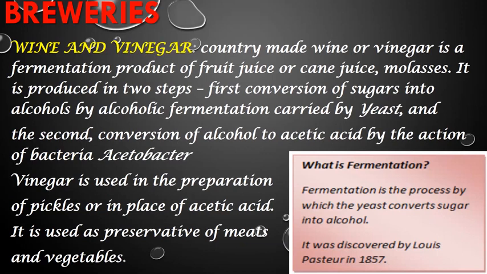And the second is conversion of alcohol to acetic acid by the action of bacteria, Acetobacter. Vinegar is used in the preparation of pickles or in place of acetic acid. It is used as a preservative of meats and vegetables.